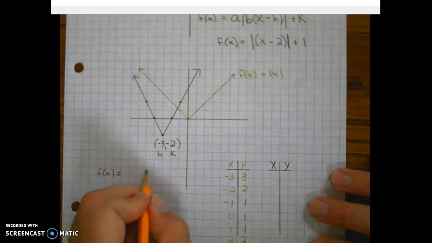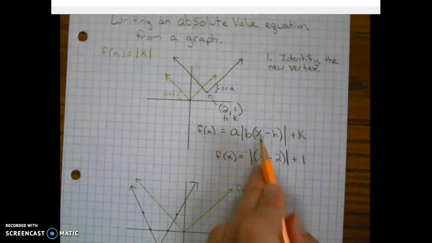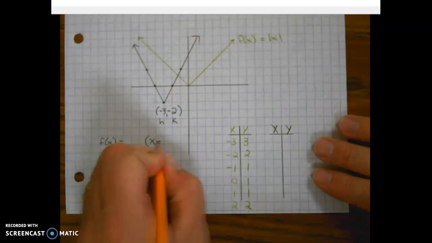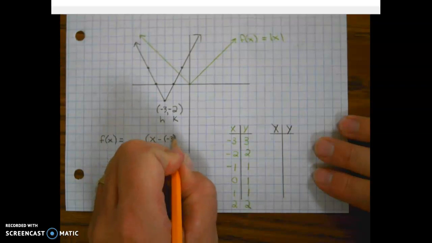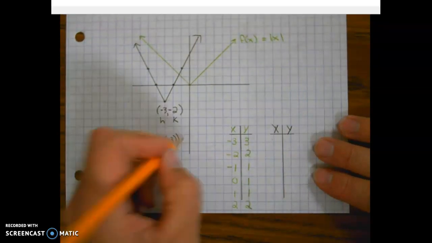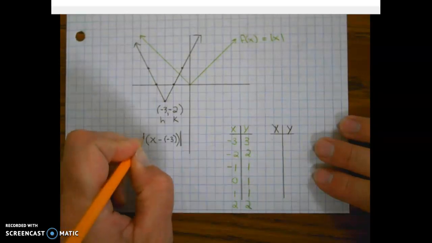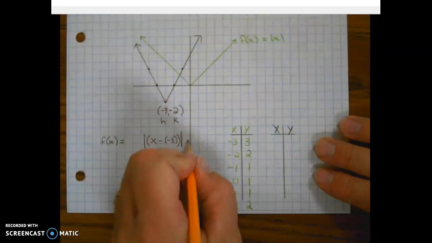So starting off inside the parentheses, we would have x minus h. So that would be x minus -3. Okay, putting on our absolute value symbols because that's the type of function we're dealing with here. And our k value is -2.